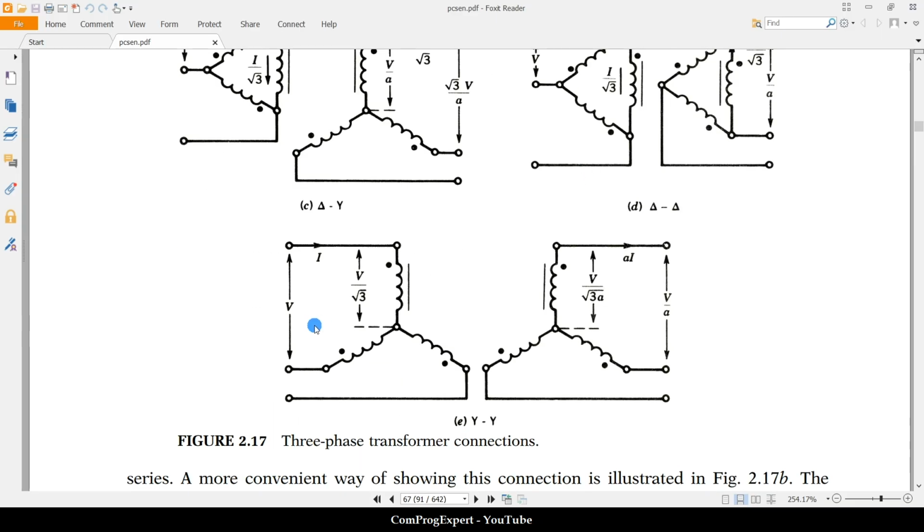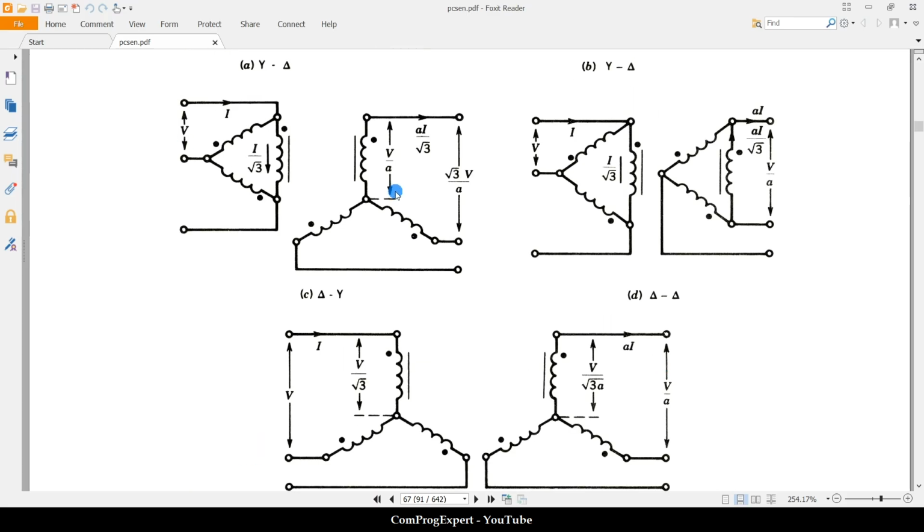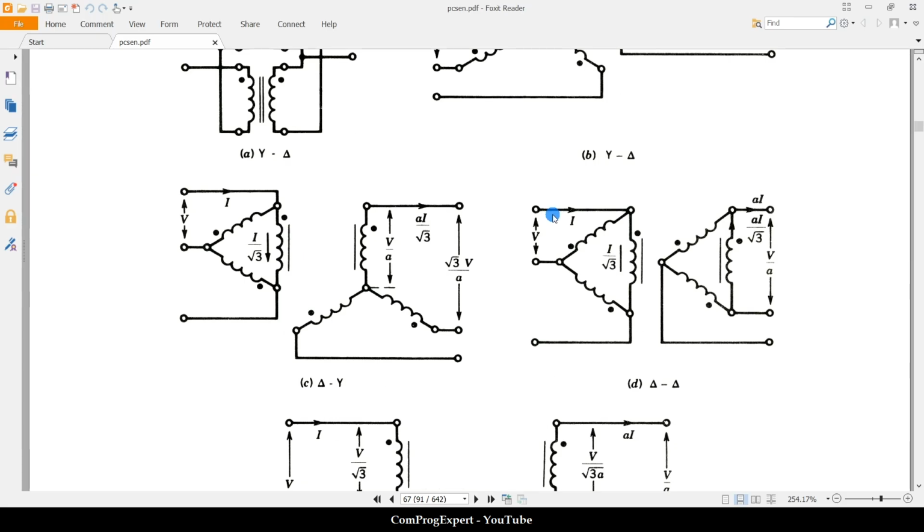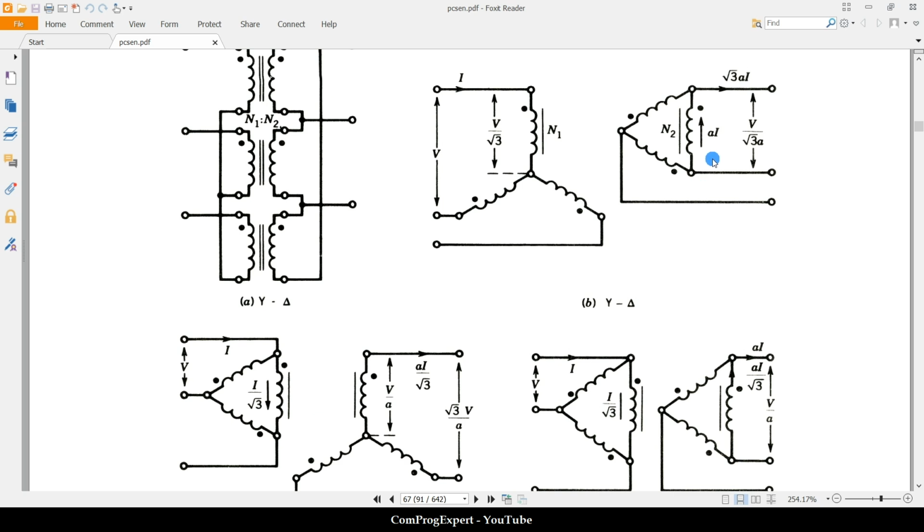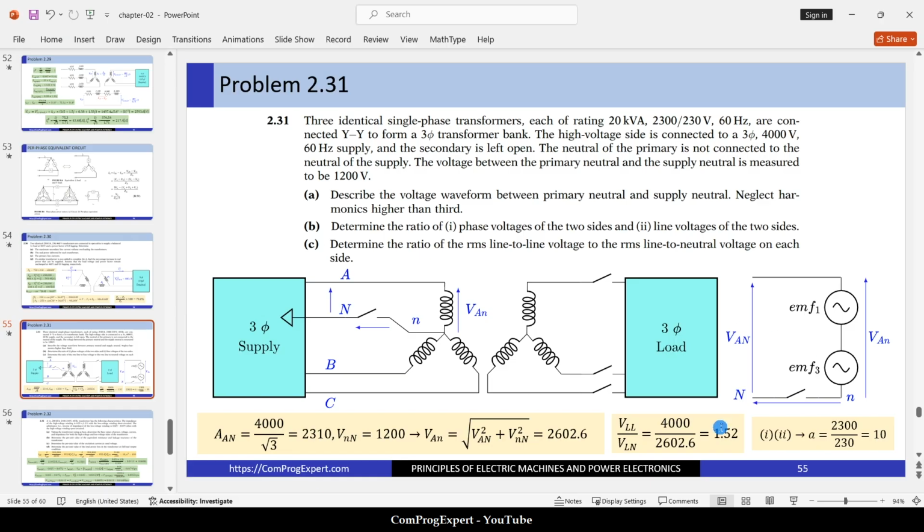In this case, the ratio of the line to line voltage is the same as the single phase transformer. But in the Y-delta connection, if you check the ratio of the line to line voltage for this case and this case, we have this number also, the square root of 3. You know that. So this is the right solution of part B.